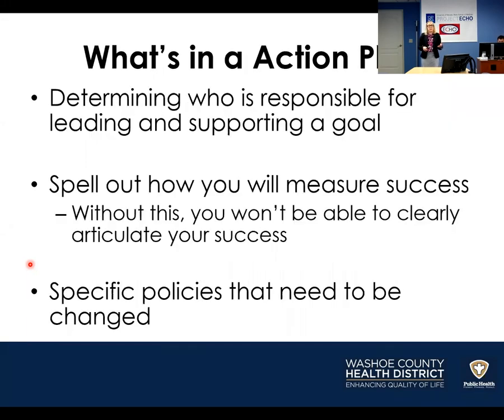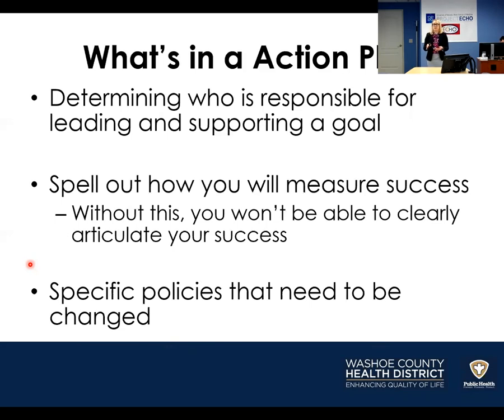Some other things to think about when you're including details in that action plan. I want to encourage folks to include who's responsible for leading and supporting a goal. When we're thinking about carrying that work forward for several years, and we're also thinking about capacity, identifying who's going to lead and support that goal in the action plan itself can really help build some accountability and sustainability to that plan.